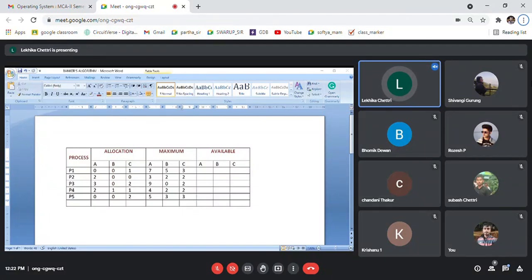That means all of the processes get to successfully terminate, and this order of execution does not lead to deadlock. This is called a safe state.